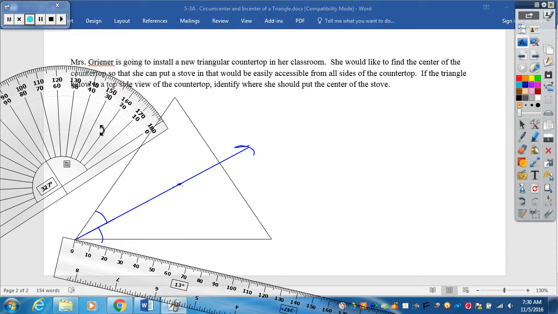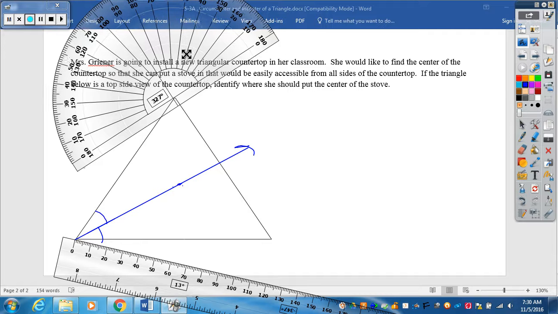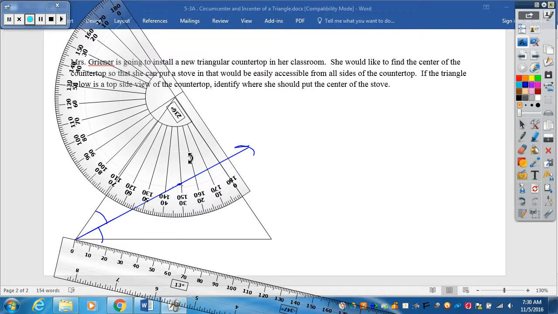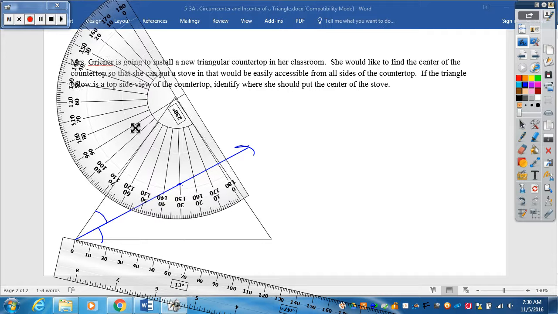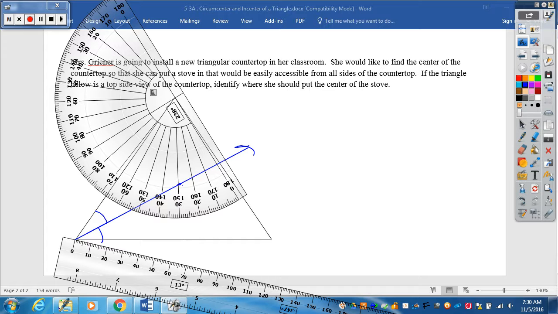Now, I'm going to go over to the other angle. Place my point right there, and what are we looking at there? Get more down on the angle there. There we go.